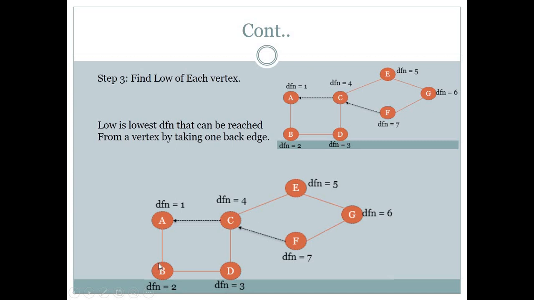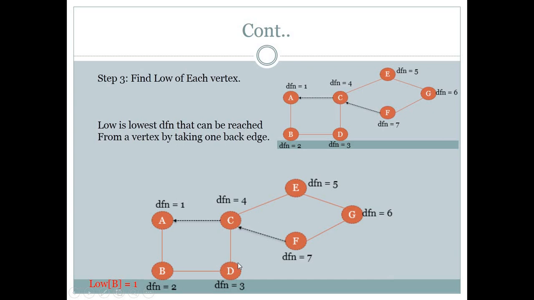From the node B, if we go in this direction, B to D, D to C, here we have one back edge, and from that back edge we go to the node which has a DFN of 1. Then low of B will be 1.